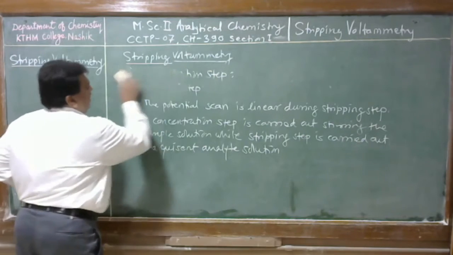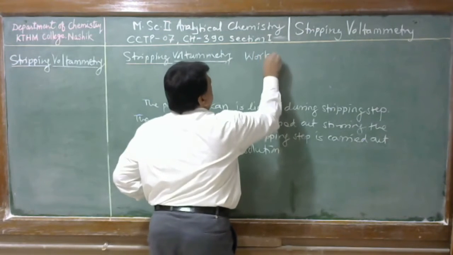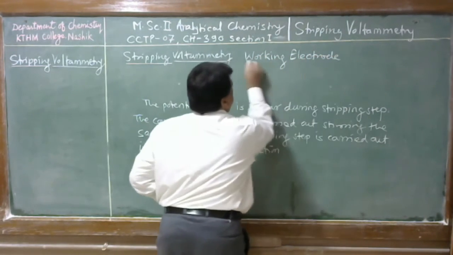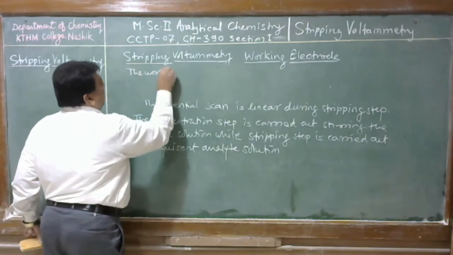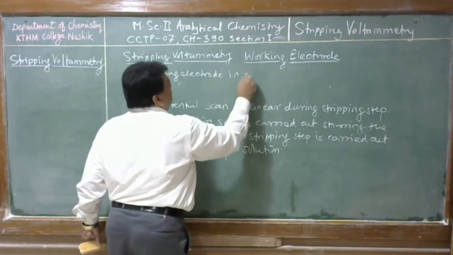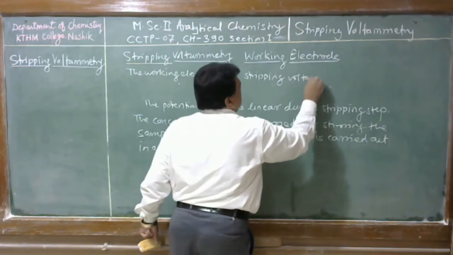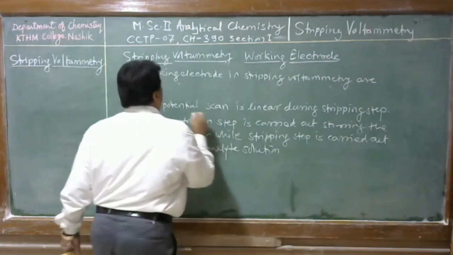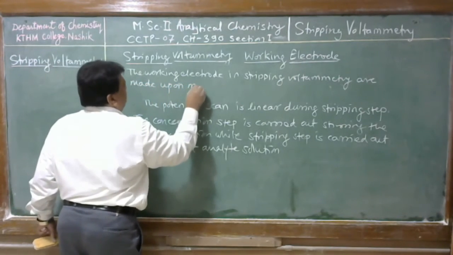Students, now discuss the working electrode in stripping voltammetry. The working electrode in stripping voltammetry is made up of mercury.